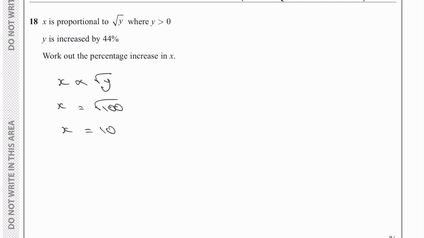Okay, what happens then is that if Y is increased by 44%, I've got the same idea. I've got X is proportional to the root of Y, but now Y is equal to 144, so therefore X equals 12. Okay, so what's the percentage increase? Well, it's going to be difference over original multiplied by 100.